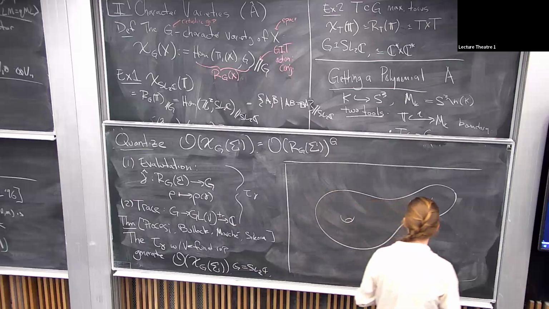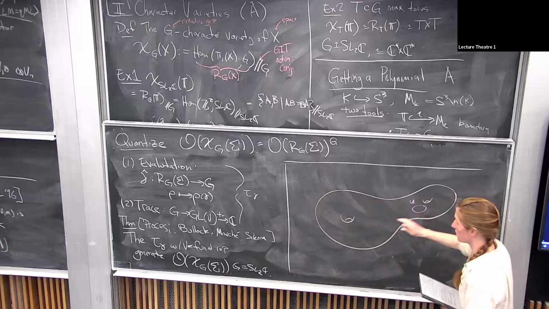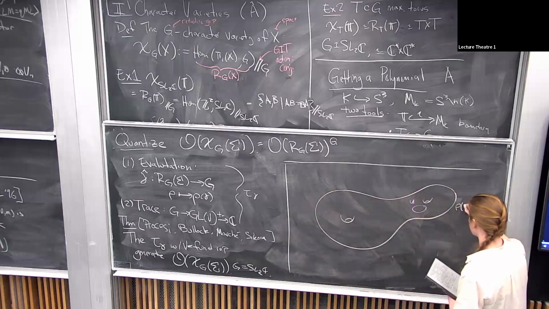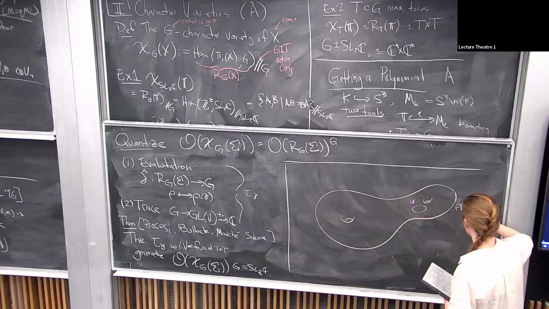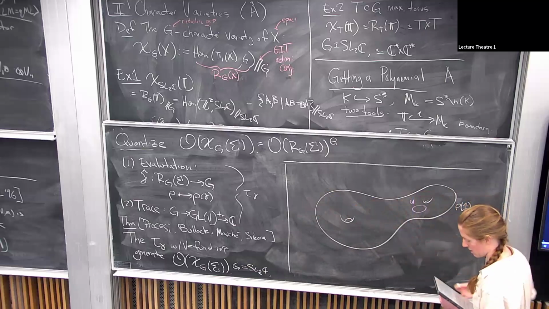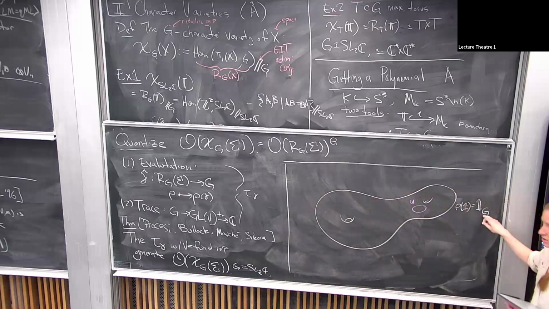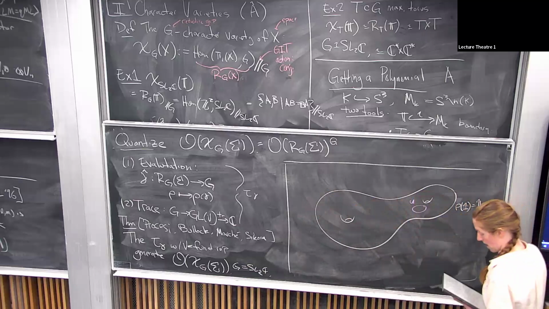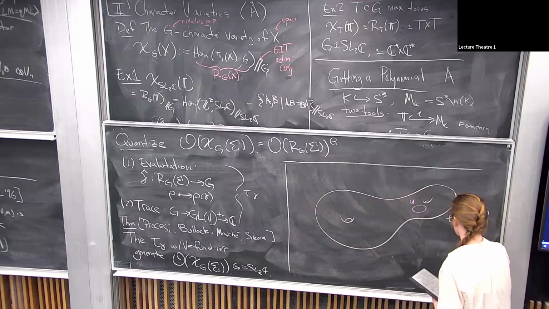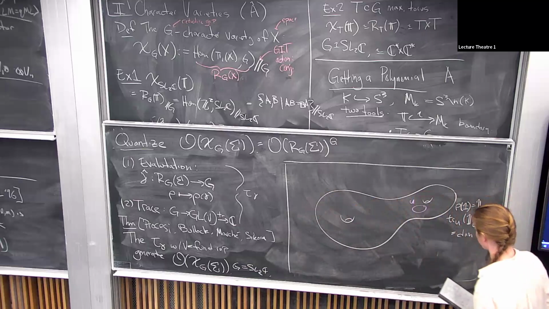If I take any representation and I evaluate it on this loop here, it's just the unit in my homotopy group. So this has to give me the unit of G. And then when I take the trace with respect to this representation of the unit of G, this is just going to be the dimension of U.